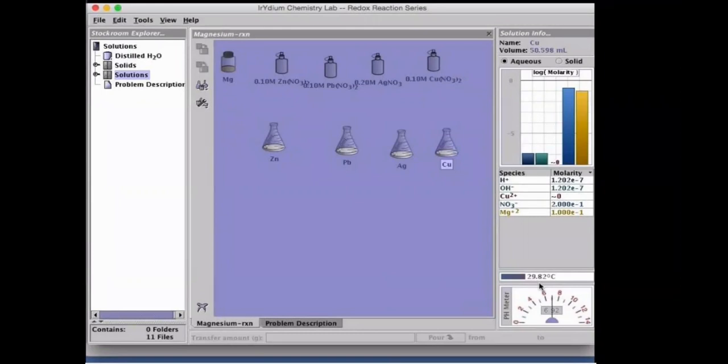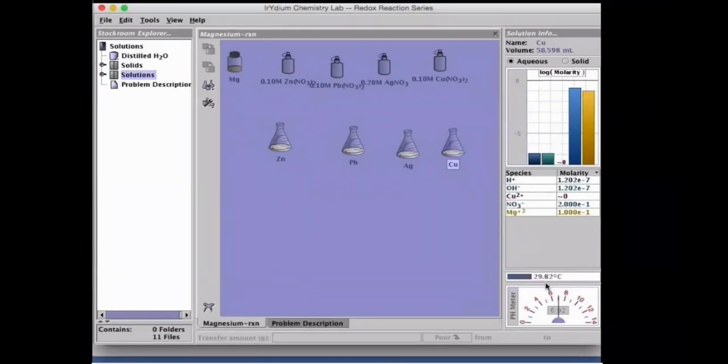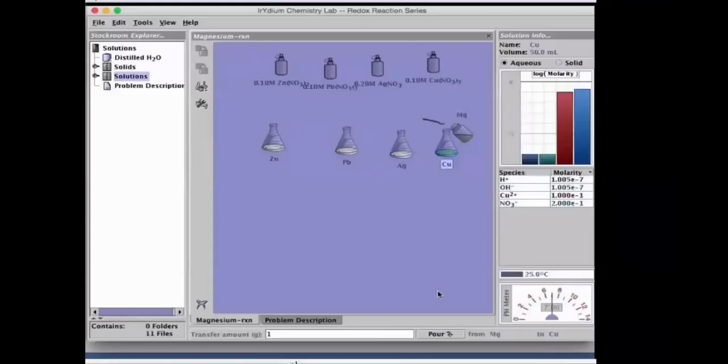In the previous case, you see only copper 2 plus metal ion was present. There was no other metal present in the aqueous part before addition. Now you see, in the aqueous part magnesium 2 plus is present.